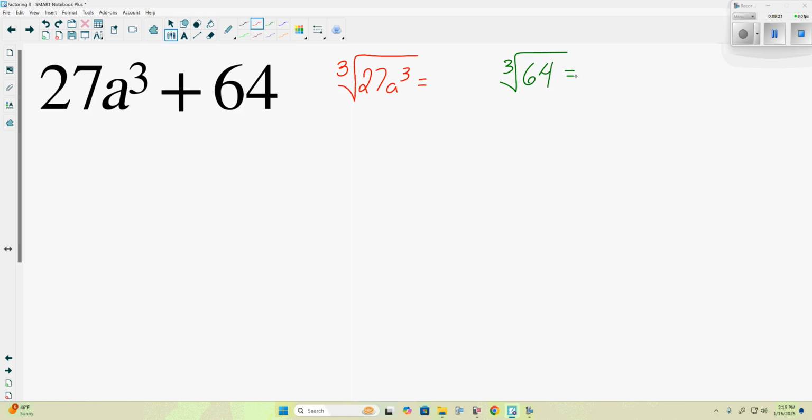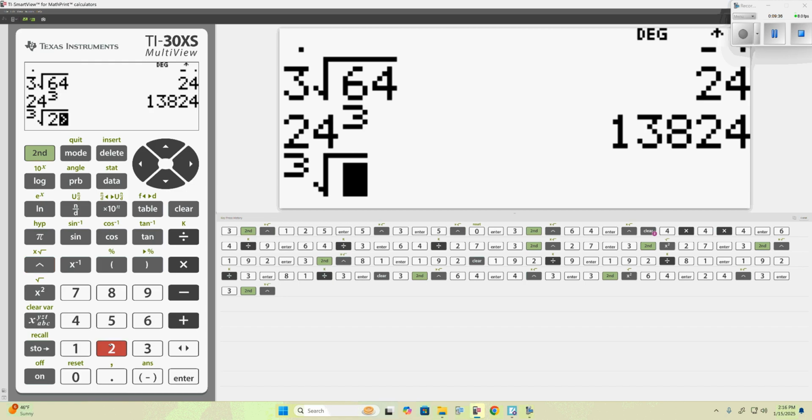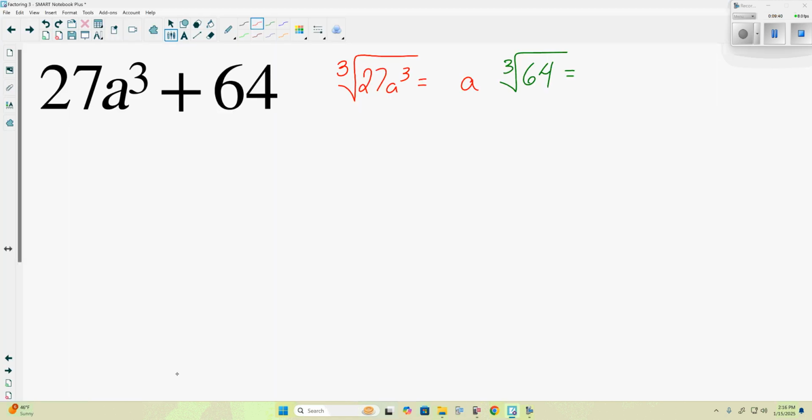Now with our 27a to the third, we can't plug the cube root of a to the third in the calculator, but the cube root of a to the third is a. And we can plug the cube root of 27 in, which is indeed 3. Which means the cube root of 27a cubed is 3a.